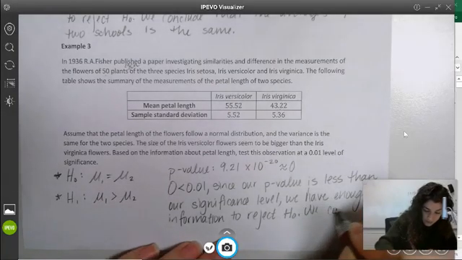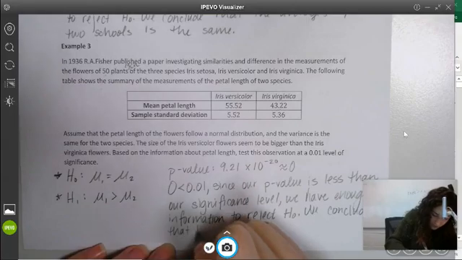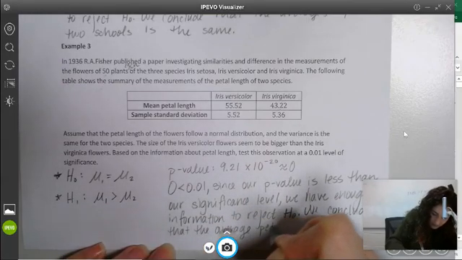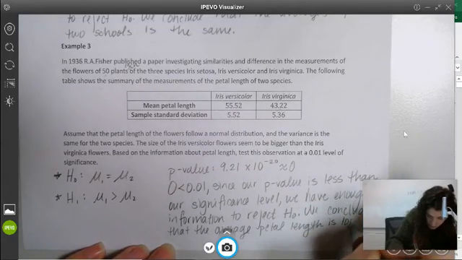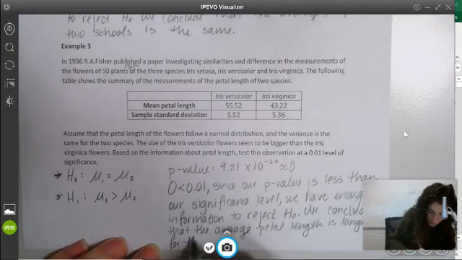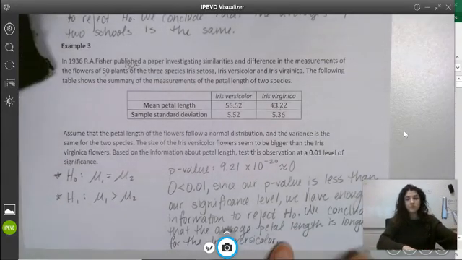We conclude that the average petal length is longer for the iris versicolor. Ta-da!